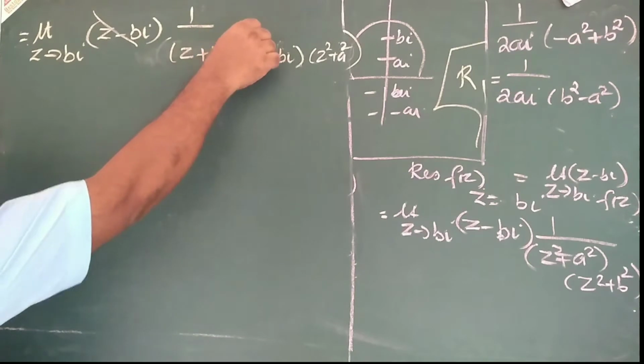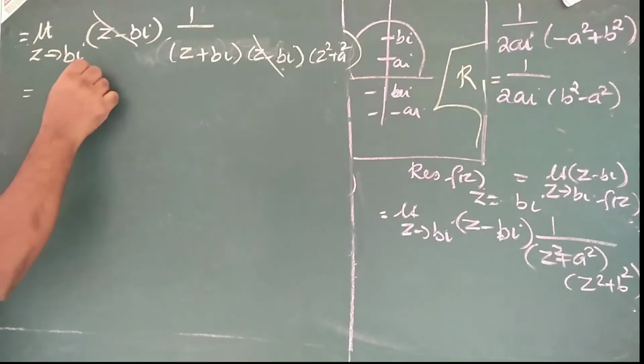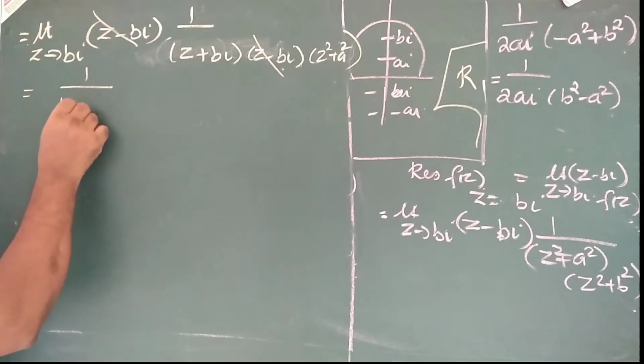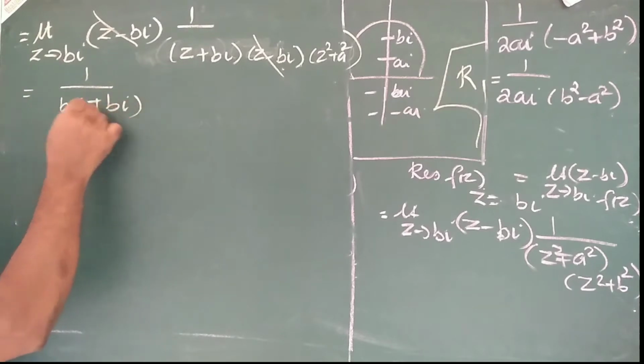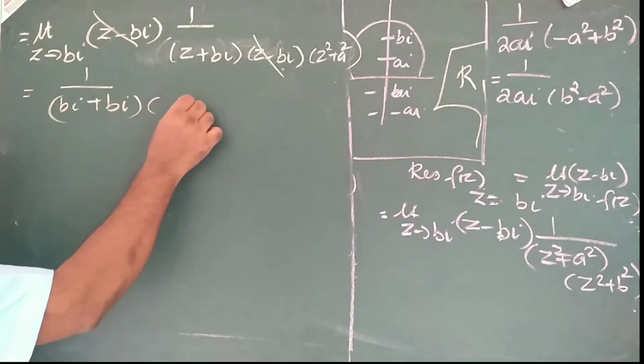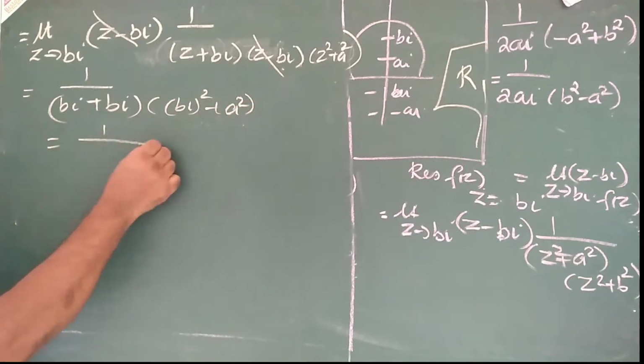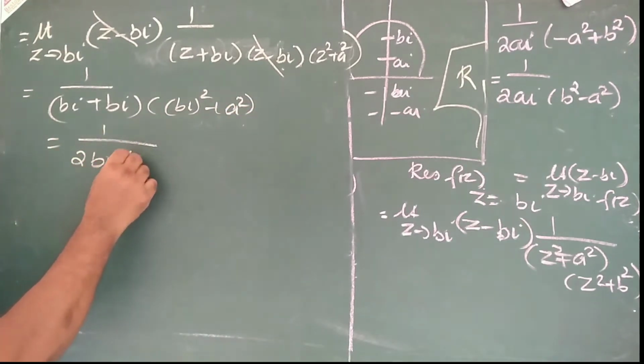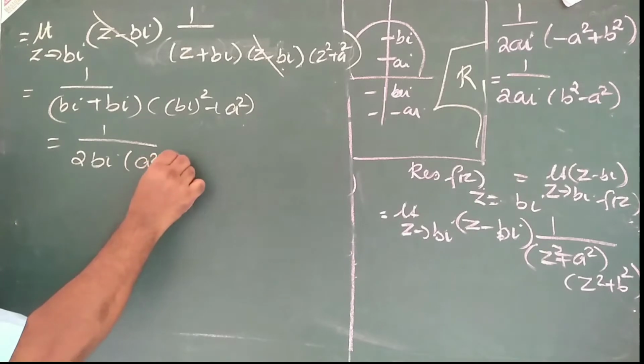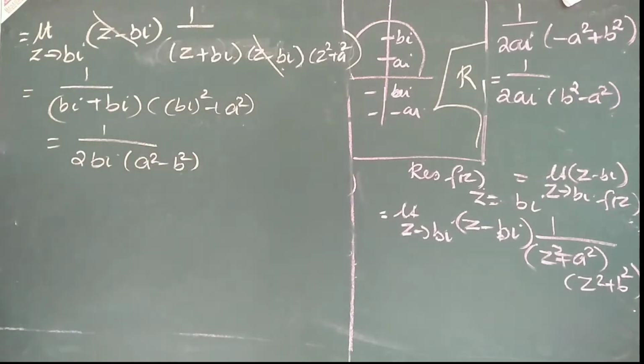So this cancels. That is 1 by bi plus bi into (bi) the whole square plus a square. That is 1 by 2bi into (a square minus b square), because i square is equal to minus 1.